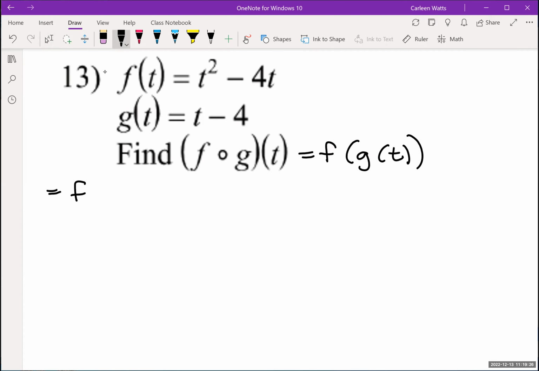Equals F of T minus 4. Everyone agree so far? So I'm going to take T minus 4 and plug it into F.